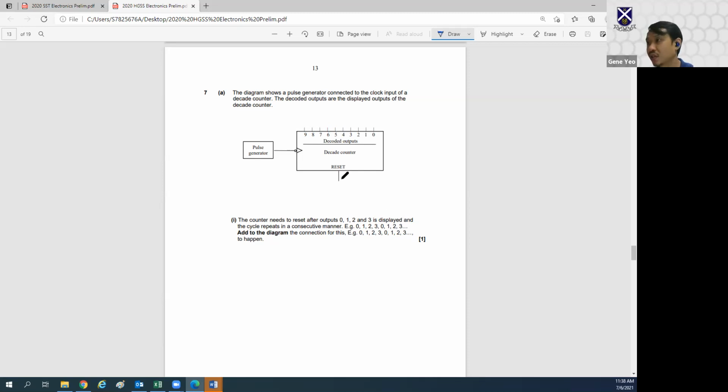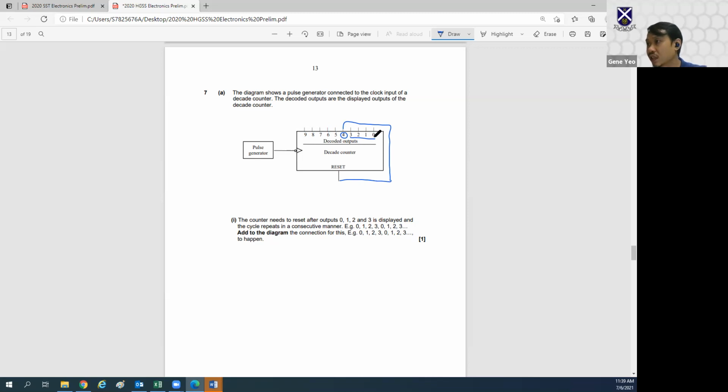Okay, so basically after 0, 1, 2, 3, I need these to be displayed, and on the 4th cycle, I need it to be reset. So this is the reset pin. Over here, I'm going to make a connection to the reset pin over here.